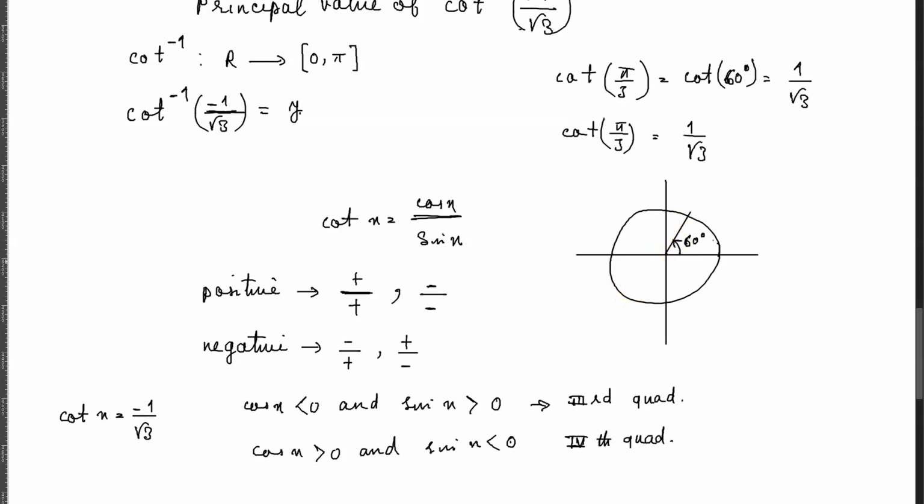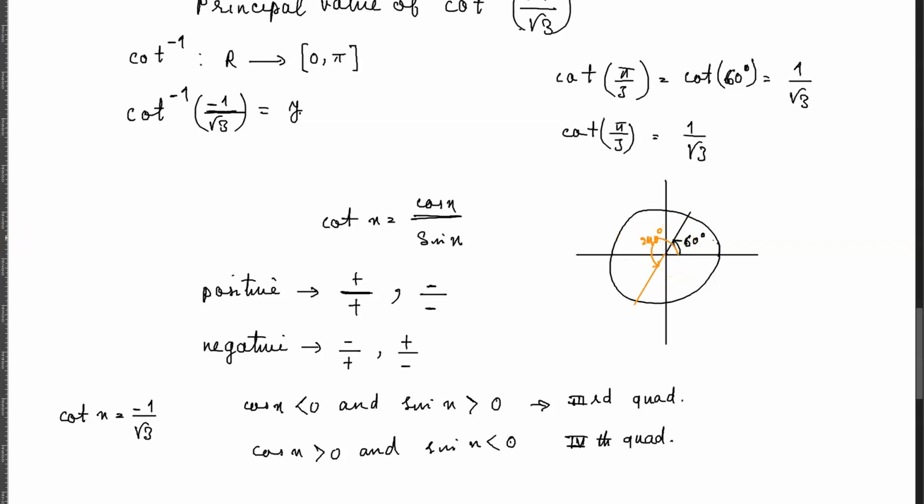Let's suppose that is the case. So if I have this angle over here, that's 180 plus 60, which is equal to 240 degrees. This is 240 degrees, right?